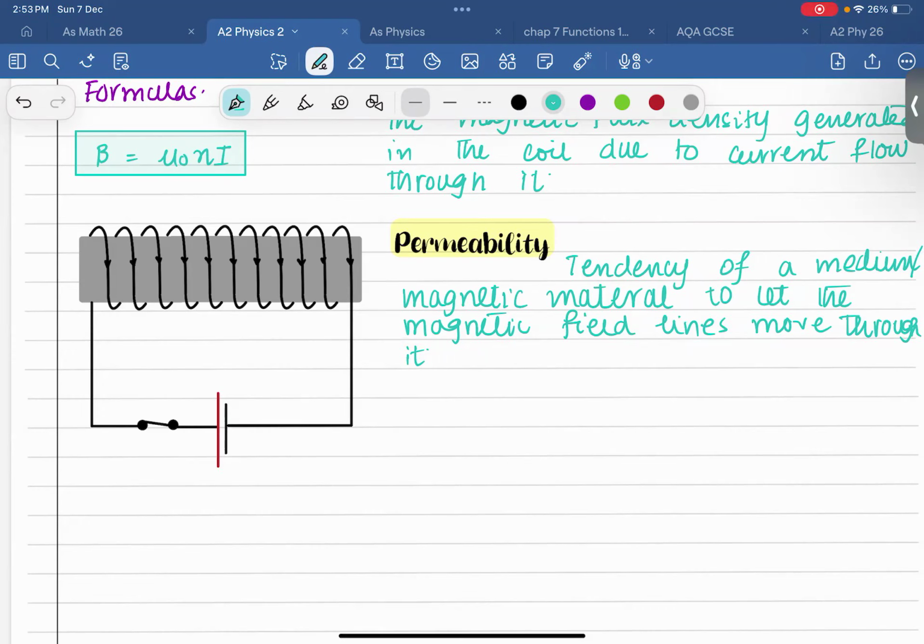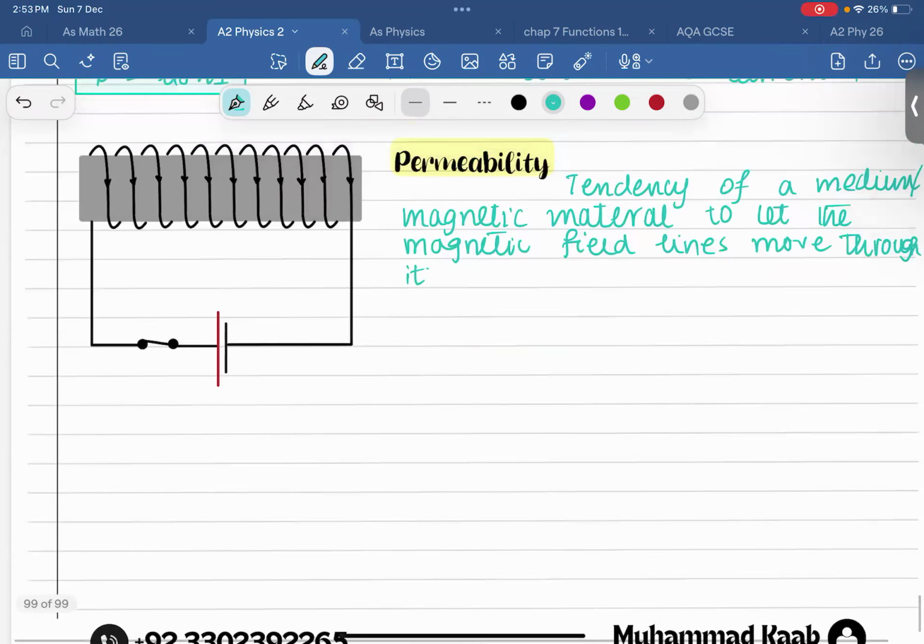This property makes iron a good magnet if you apply some magnetization process on it. So iron has high permeability.